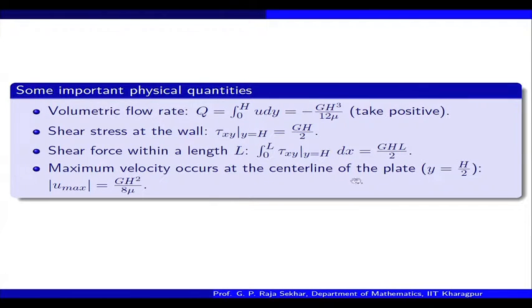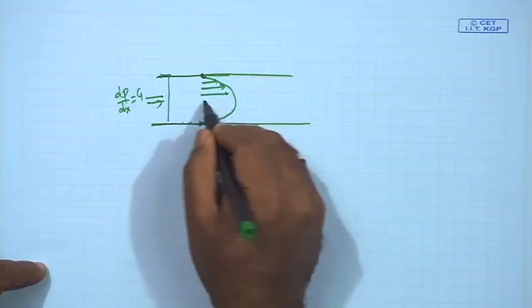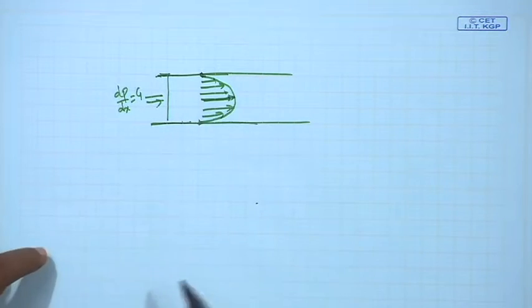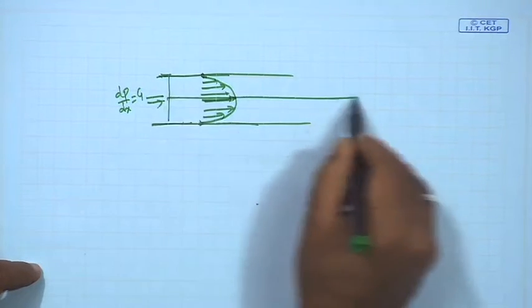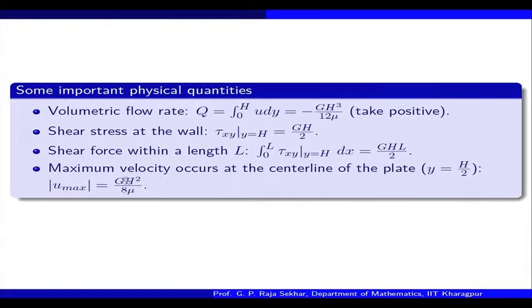The maximum velocity occurs at the center line of the plate. From the velocity you can compute that the maximum occurs at the center line. Why? This is what is happening: it is symmetric and both the plates are at rest. So, maximum at the center line. Okay. So, the maximum velocity at the center line can be computed.